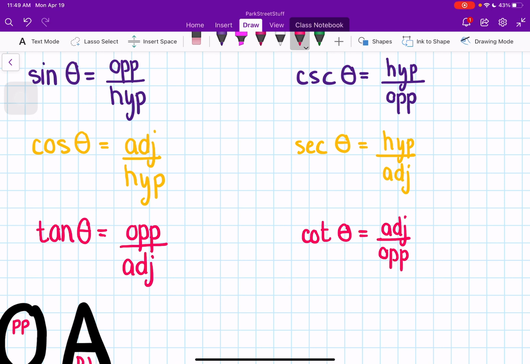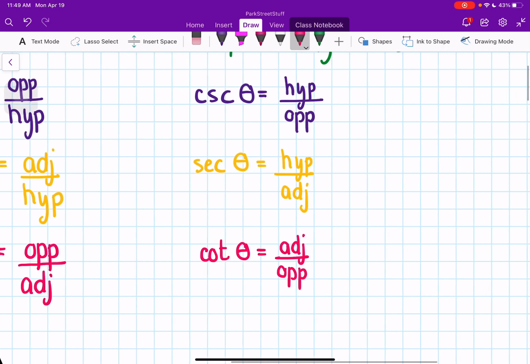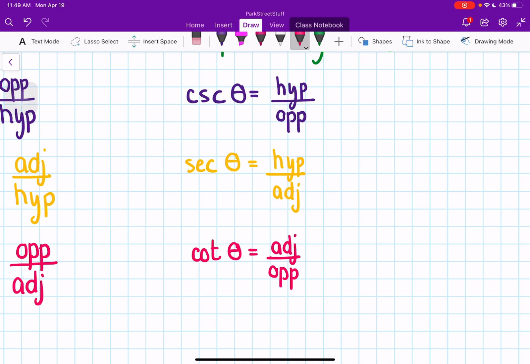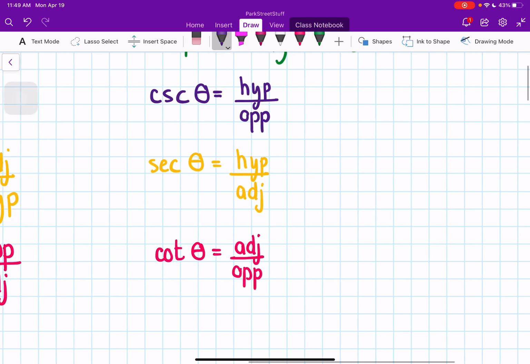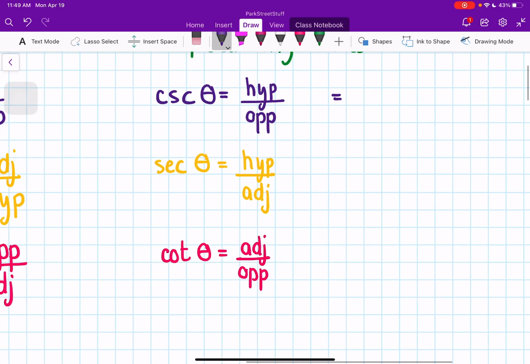So notice that in your calculators, you don't have these functions. There's no cosecant and secant and cotangent. So we have to figure out, how do I write them in terms of sine if I had to solve for anything. So cosecant is 1 over sine. That's how we get a reciprocal of a fraction. We take 1 over.